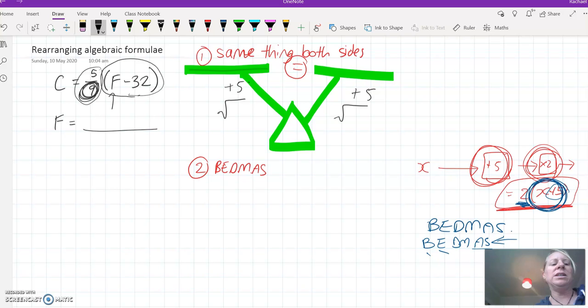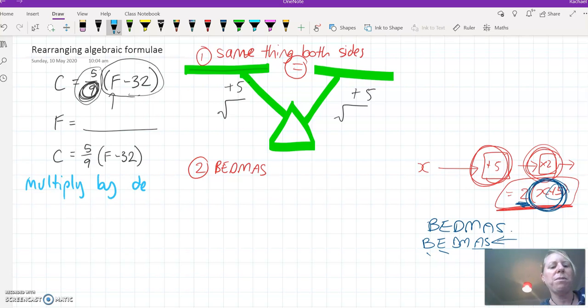If we look at the first step that I would do here, we've got C equals 5/9 F minus 32. If you've got a fraction involved in your equation and you need to get rid of it somehow, multiply by the denominator. I think this is in your Walker Maths book.